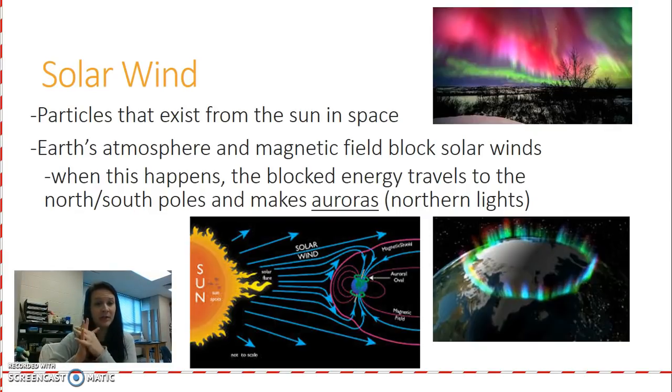And we can see those pretty lights. These are called the auroras, or you may have heard them referred to as the northern lights. Of course, if you are in the southern hemisphere, they're called southern lights. But this is where you see these beautiful light shows in the sky. And those are the auroras. So those are perfectly normal and just another way for Earth to show you that it's protecting you from some harmful stuff.